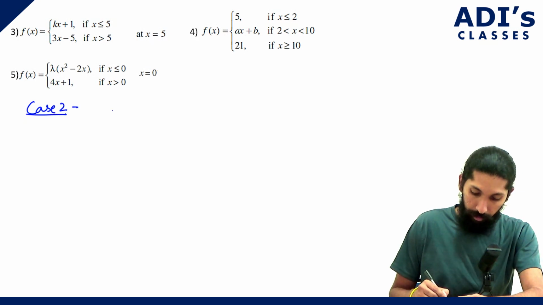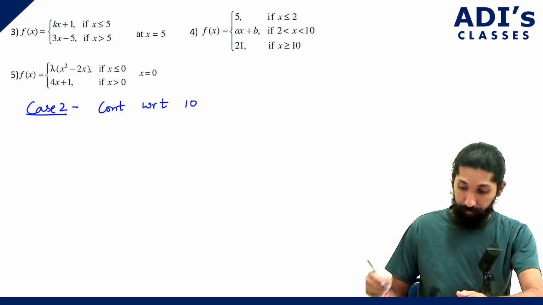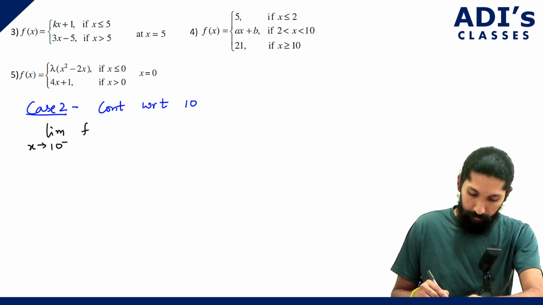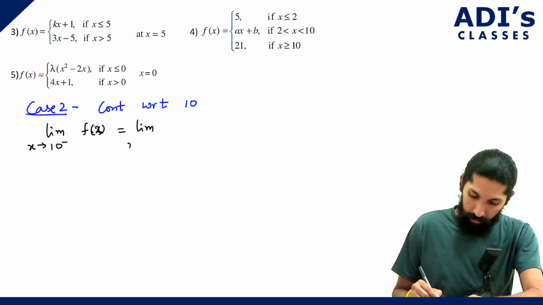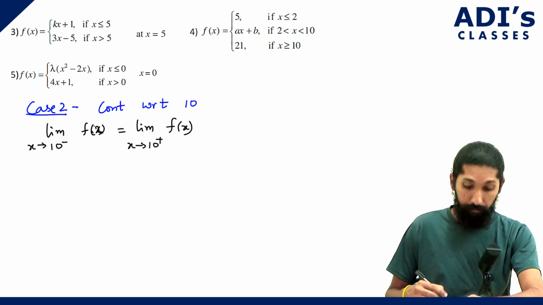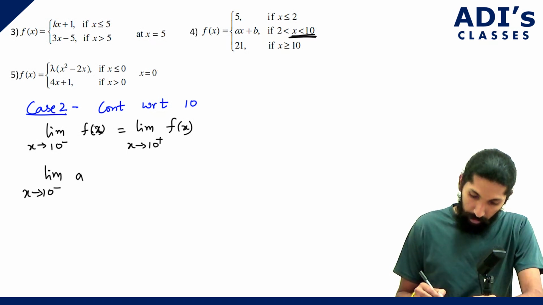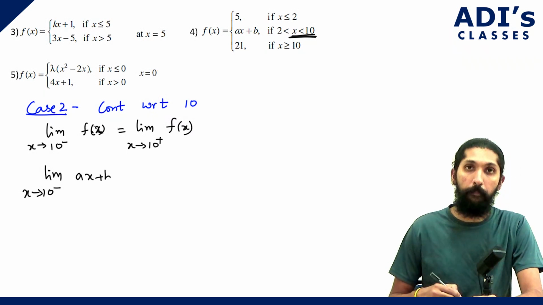Now what are we doing? Continuity with respect to 10. Correct? So in this, you have limit as x tending to 10 minus f of x is equal to limit as x tending to 10 plus f of x, isn't it? So the left hand limit now, limit as x tending to 10 minus ax plus b, right?